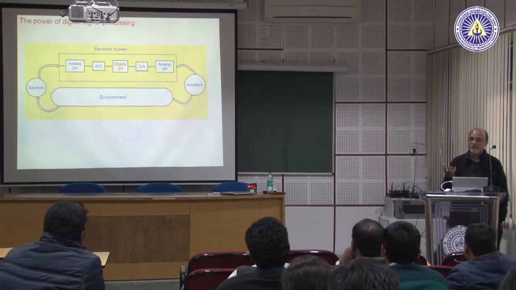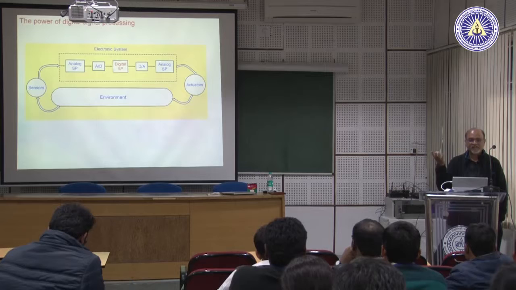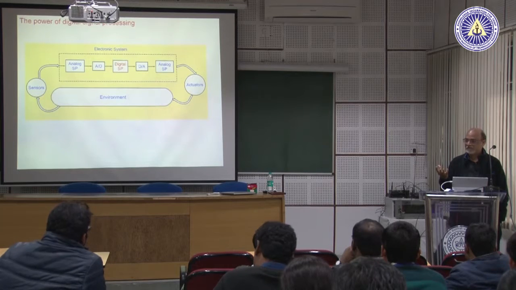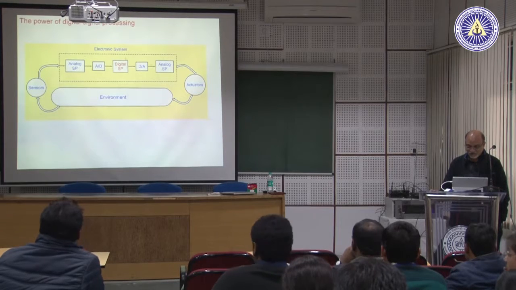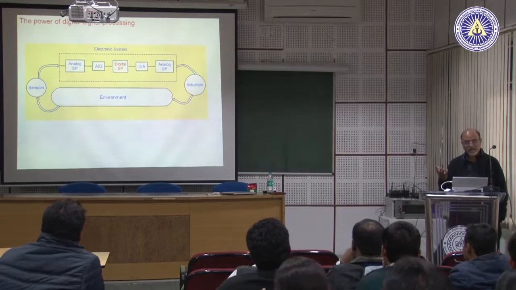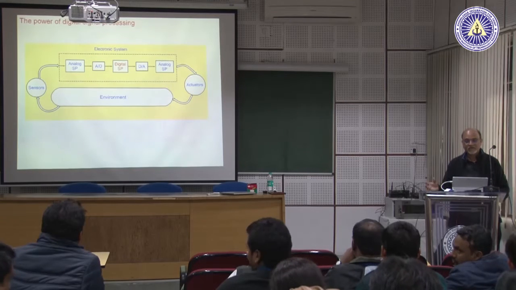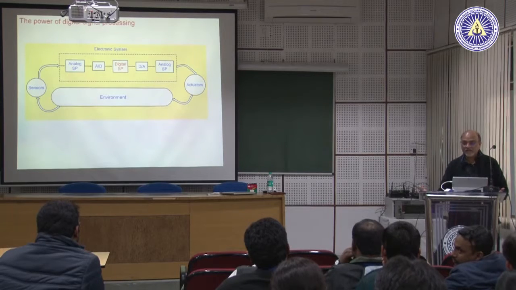Digital circuits that we introduce to our students are simple circuits, gates and counters and things like that. But what we have to convey to them is the power of digital circuits. And especially, they are actually programmable digital circuits. So digital circuits are programmable hardware.